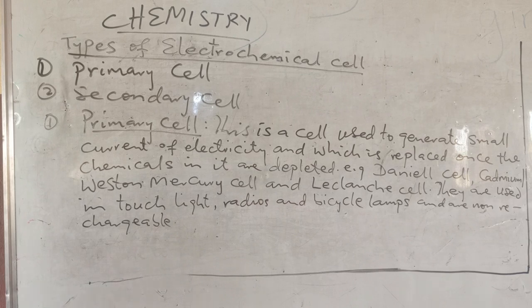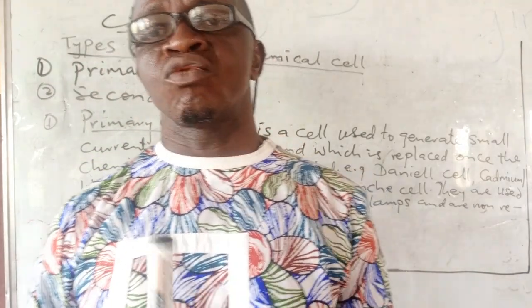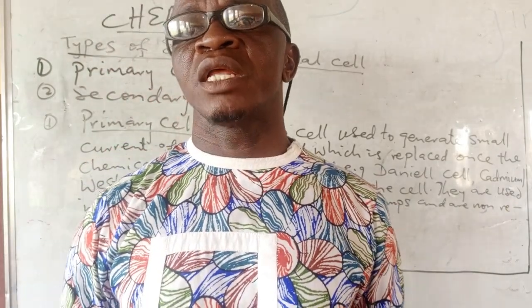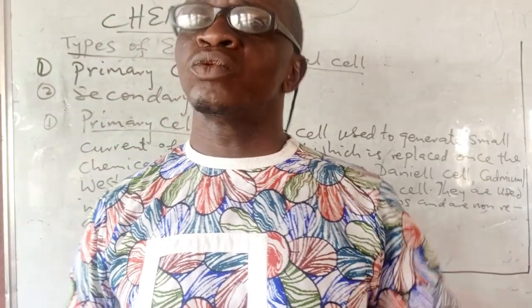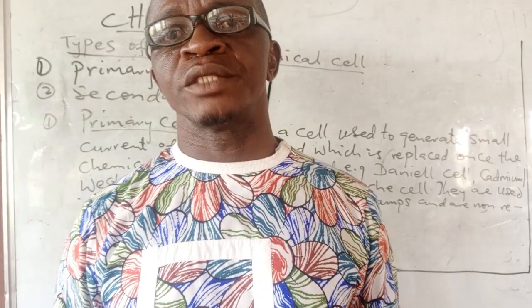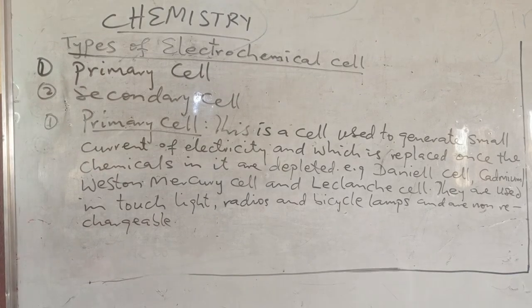They are used in torchlights, radios, and bicycle lamps and are non-rechargeable. Like those finger batteries, that is the type we are talking about in this case. Once they are dead, you throw them away and replace them with new ones. So those are primary cells.